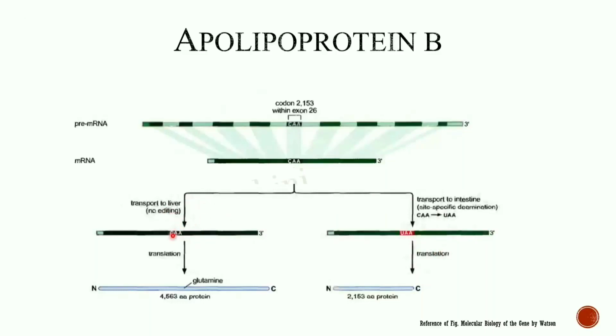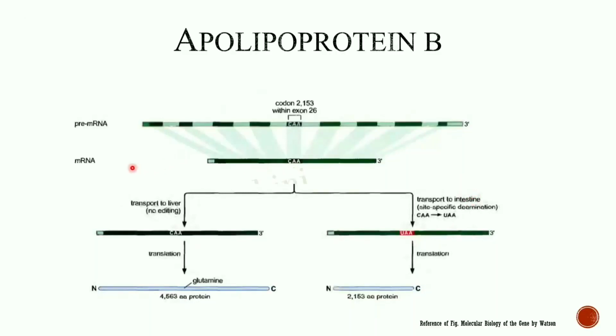In the liver it is 4563 amino acids, and in the intestine it is about 2153 amino acids. These are the isoforms of the apolipoprotein: one present in the liver, the second in the intestine.